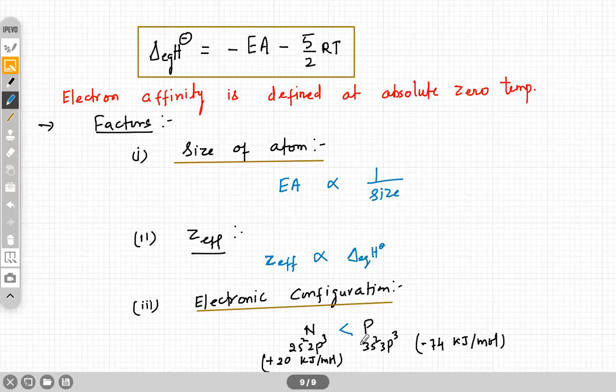No, we are not creating enough instability. The atom is quite stable because of its half filled or fully filled configuration. These atoms do not want to take up any electron and go towards instability. So if you want to add an electron, you have to push that electron onto that atom, and for that you require energy.